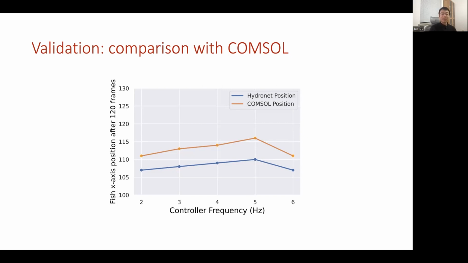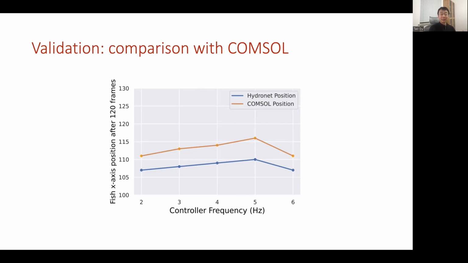It varies between 2 Hz and 6 Hz. And the vertical axis represents the horizontal offset of the center of mass of the black fish after 120 frames. I need to point out that the vertical axis begins at 100 units instead of 0.